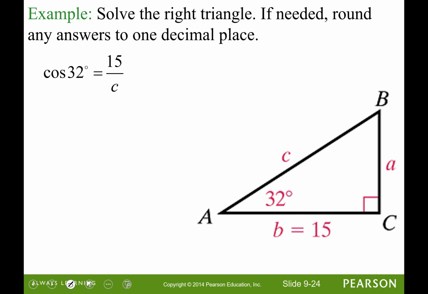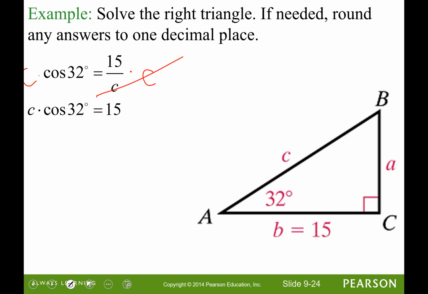How are we going to solve for that c right there? Well, it is stuck underneath a fraction, so to get it out from under that fraction, we're going to multiply both sides of the equation by c. That way it'll no longer be the denominator. And that will look like this: c times cosine of 32 degrees is now equal to just 15.